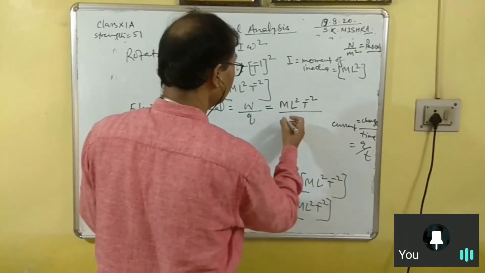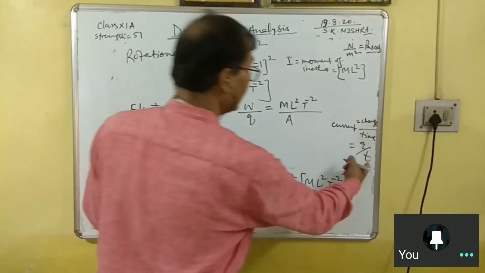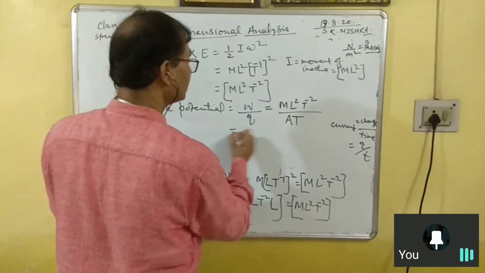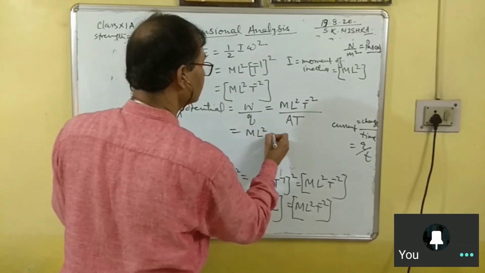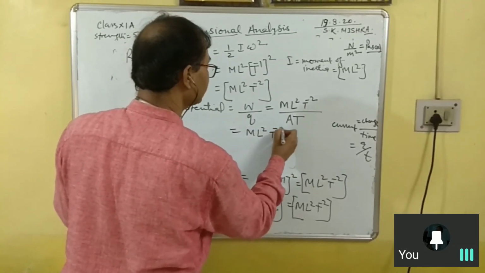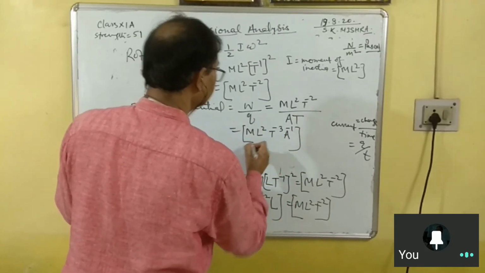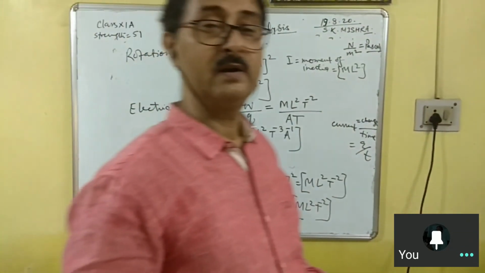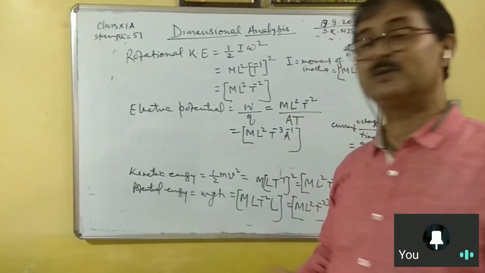If current is represented by ampere A and T for time, then the dimension of potential is ML²T⁻³A⁻¹. Earlier you were taking only three, M, L, T. Now you require one more, ampere, also.